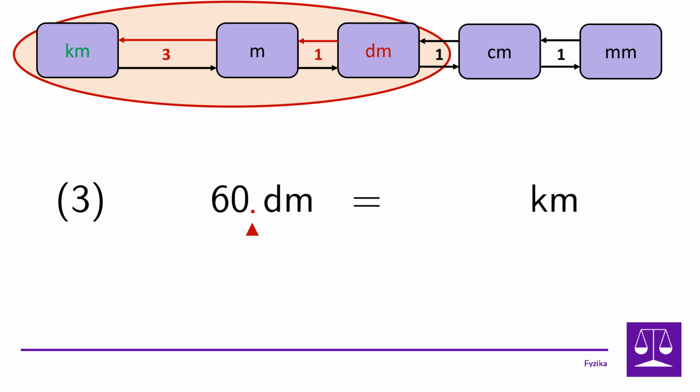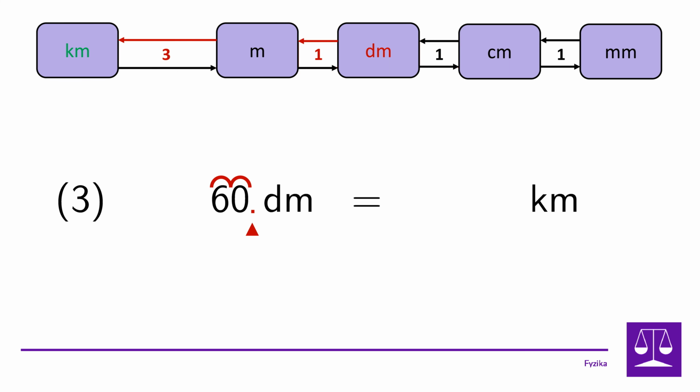That means we're moving 4 places in total. So we take the decimal point and move it 4 digits to the left. After 2 moves to the left, however, we have nowhere to jump. Therefore, we write a 0 in front of the digit 6 and move 1 digit to the left. Since we still need to jump once more, we add another 0 and move 1 digit to the left.